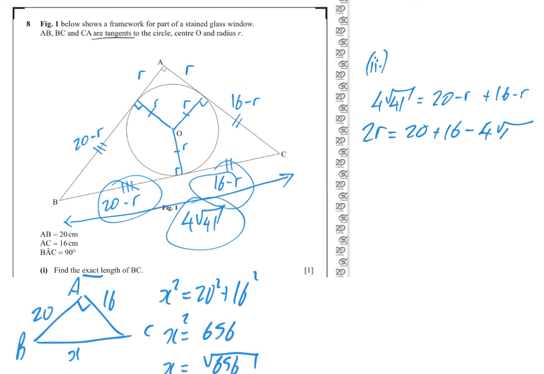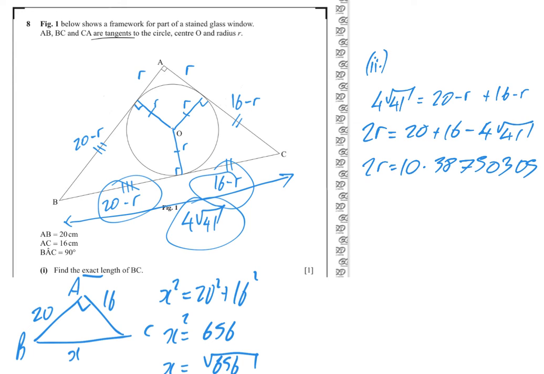4 root 41, and I will just hit that into my calculator. So 20 plus 16 minus 4 times root of 41, press equals, and I will get 2r is equal to 10.38750305.